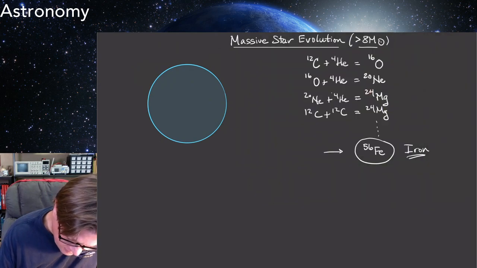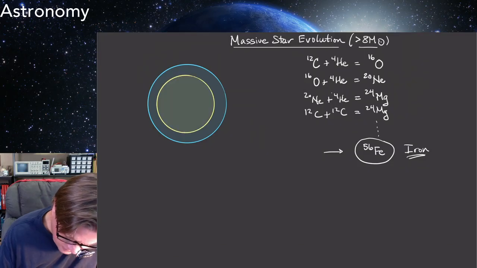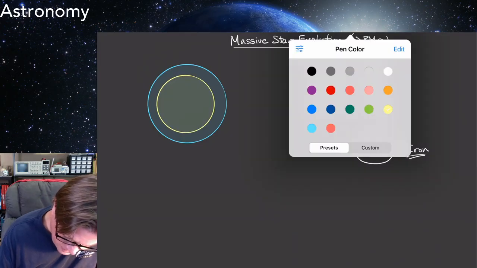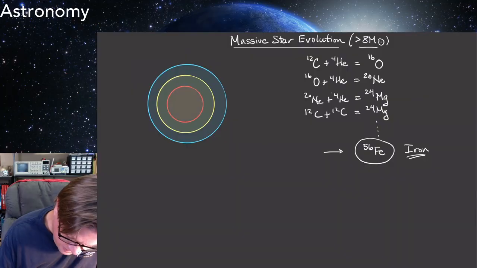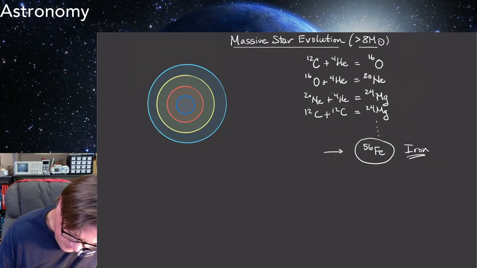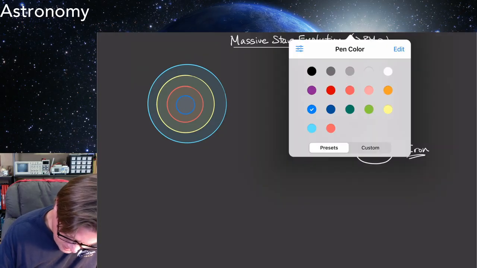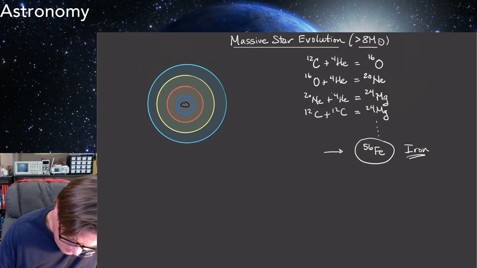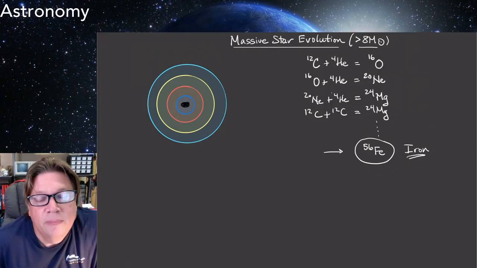There's a really nice drawing. There's a nice illustration in the book. And then there's another layer, and then there's another layer, and then there's another layer. And then finally, at the center, you get iron.